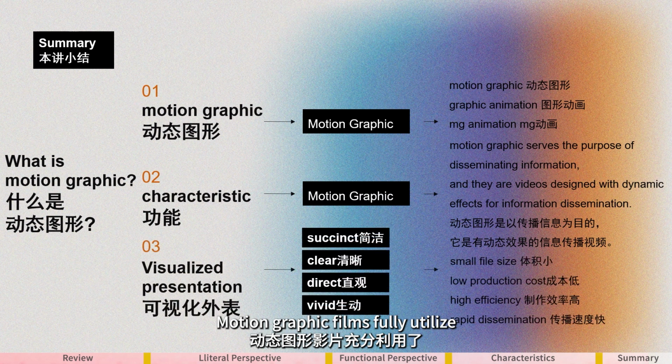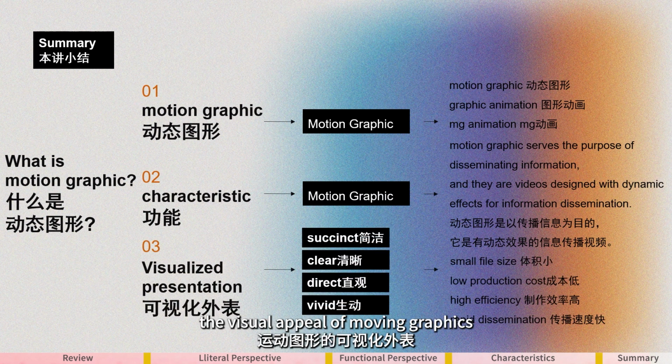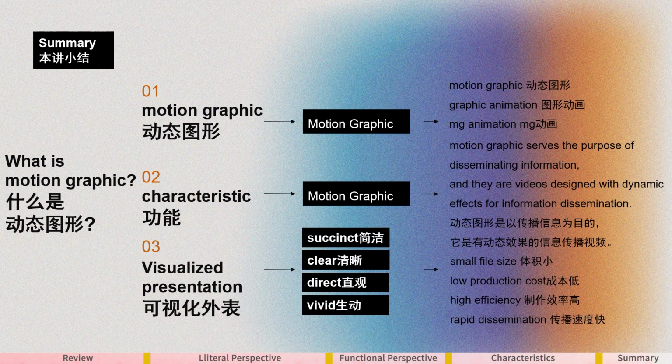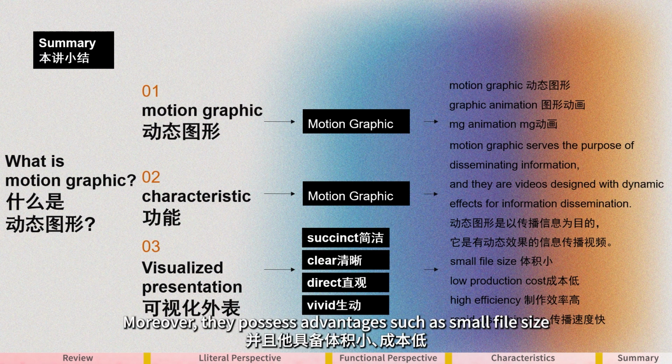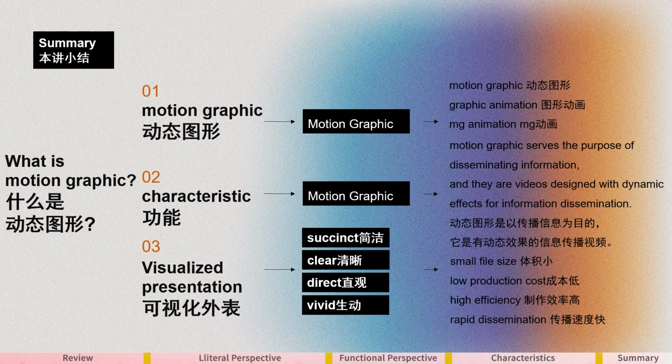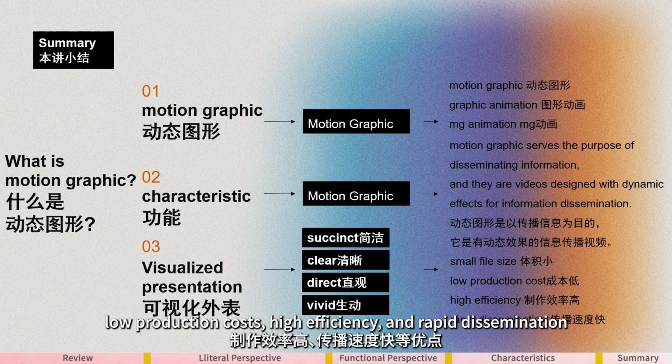Motion graphic films fully utilize the visual appearance of moving graphics, characterized by simplicity, clarity, intuitiveness, and vividness. Moreover, they possess advantages such as small file size, low production costs, high efficiency, and rapid dissemination.